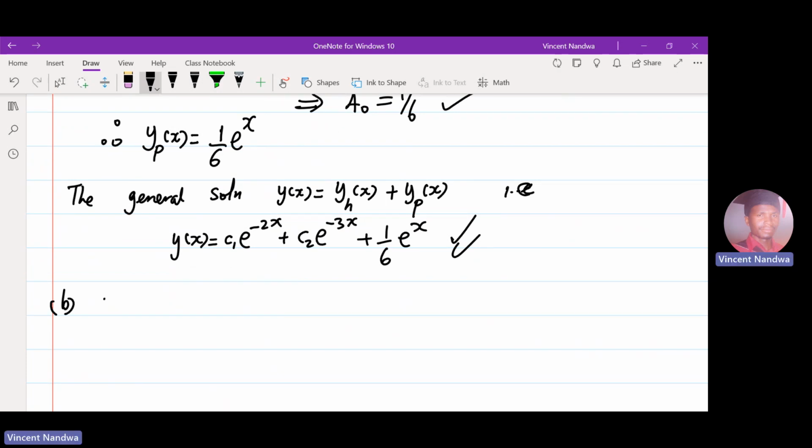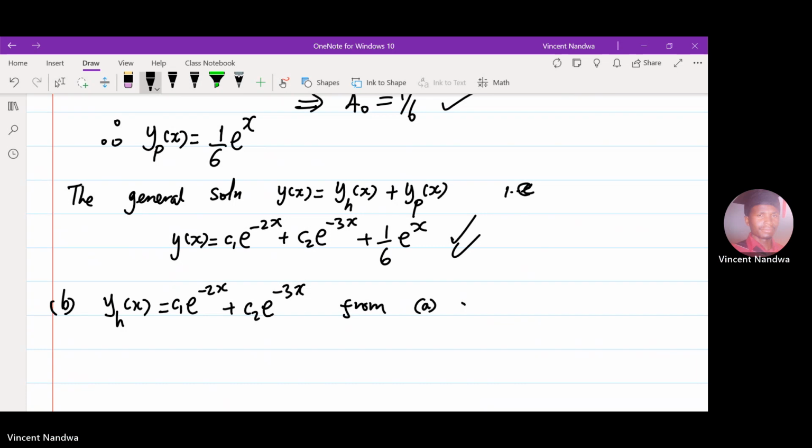YH of x remains C1 e raised power negative 2x plus C2 e raised power negative 3x from A above. But if the structure was different from A, then you have to use the same steps to solve for YH. So what is the G function in this case?